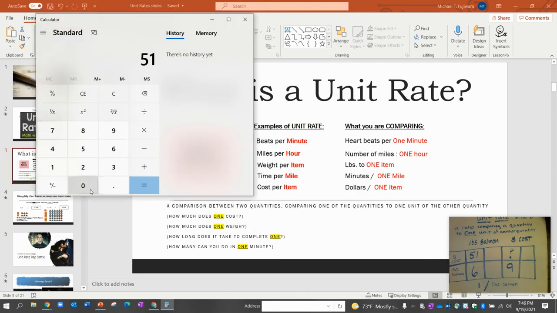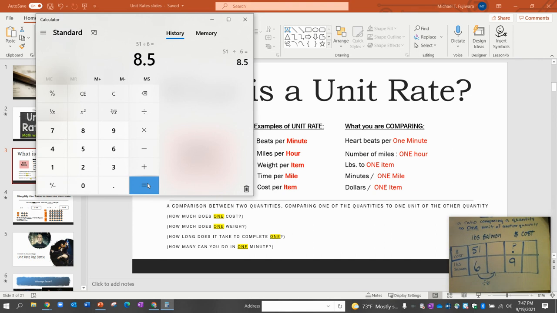If it's $51 for 6, I do 51 divided by 6 to find the cost of 1. So really what I want to know is this divided by 6, which would be the cost of 1 pound. And on the calculator it tells me it's $8.50.